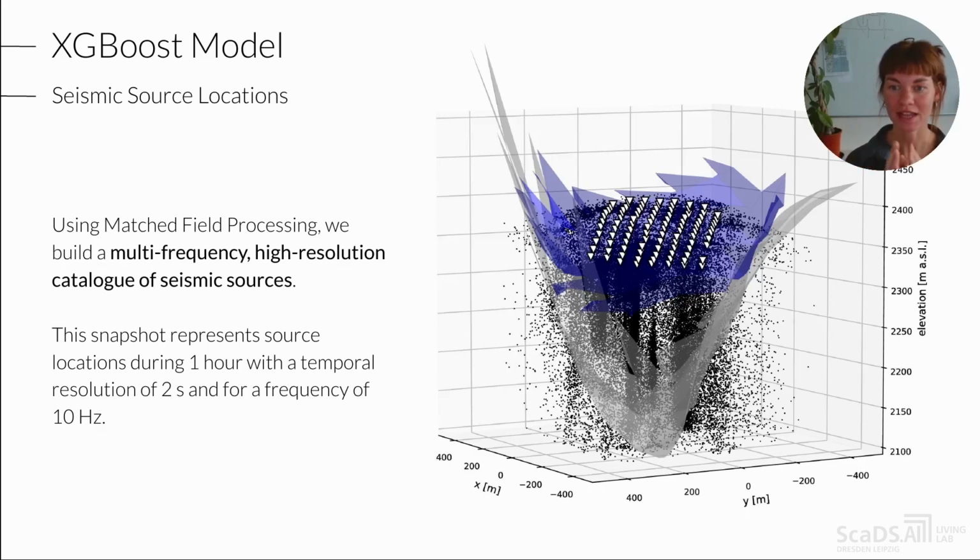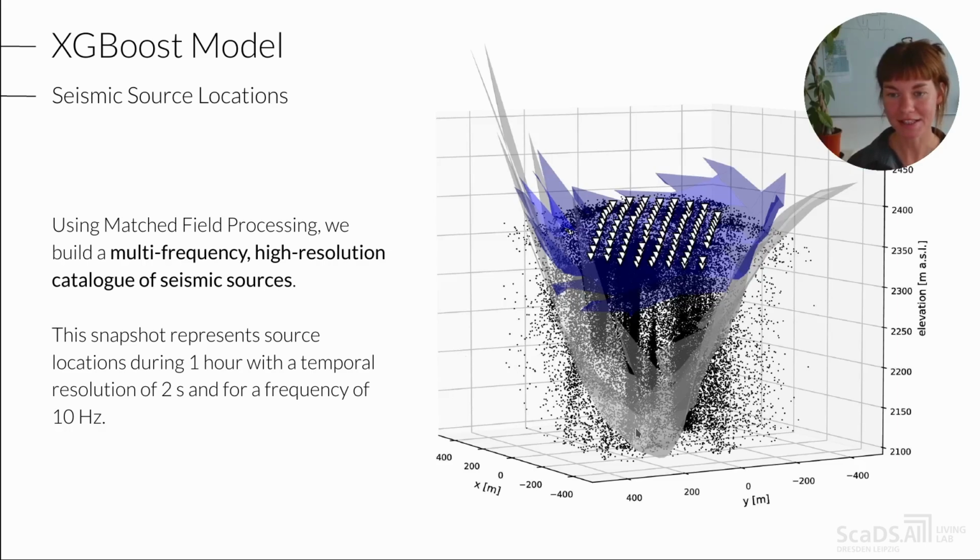And for each of these time windows, we compute the seismic source. So what you can see here is a snapshot for 1 hour with, again, the temporal resolution of 2 seconds for a frequency of 10 Hertz. So you can see this is quite some information that we have here then during the entire month.